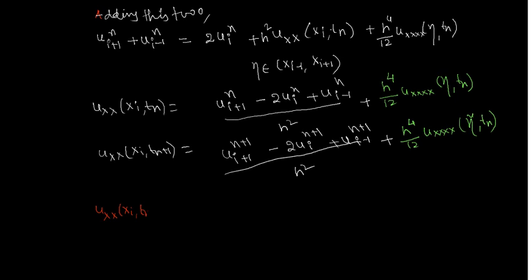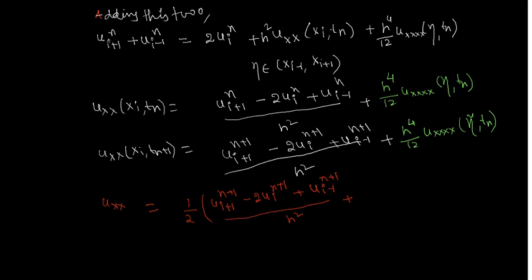Now if we add and divide by 2, since we are taking the average of these two, my u xx at the ith level will be 1 by 2 of u i plus 1 n plus 1 minus 2 u i at n plus 1 plus u i minus 1 n plus 1, divided by h square, plus u i plus 1 n minus 2 u i n plus u i minus 1 n, divided by h square, and plus the error term.